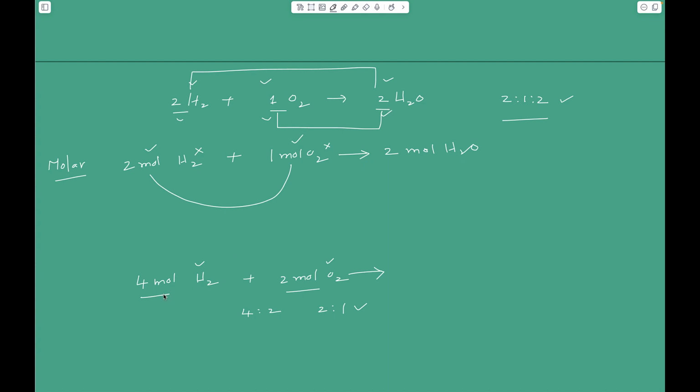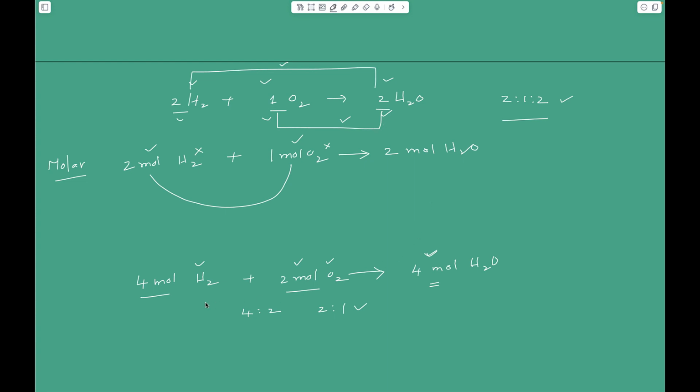If you take 4 moles of hydrogen, you would get 4 moles of water. And you would get the same answer even if you go by this relationship. Because if you take 1 mole of oxygen, you would get 2 moles of water. Because you have 2 moles of oxygen, you would get 4 moles of water. See, we got the same answer either by using this relationship or this relationship. It did not matter at all.